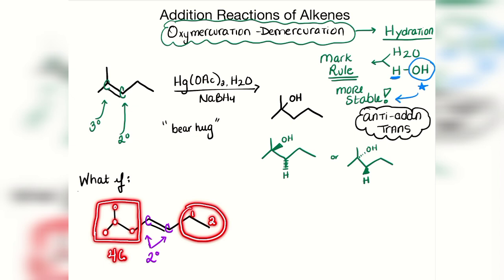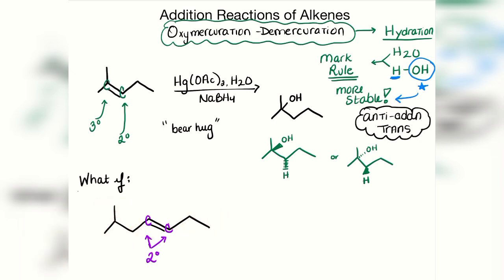So since this molecule was unsymmetrical, and I could clearly distinguish which side is more stable, I would expect oxymercuration to add to the more stable carbon, giving us our answer of the OH adding to this carbon.